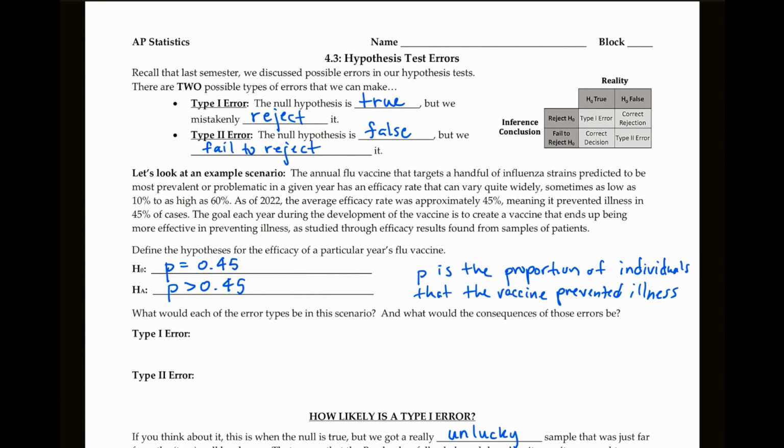If you have rejected the null hypothesis, the only type of error you could make there is a type 1, because that's the one where you falsely reject. So if you reject, then you either did so correctly or perhaps you made a type 1 error. On the flip side, if you failed to reject, the only error you could have made is the type 2, because you have incorrectly failed to reject.